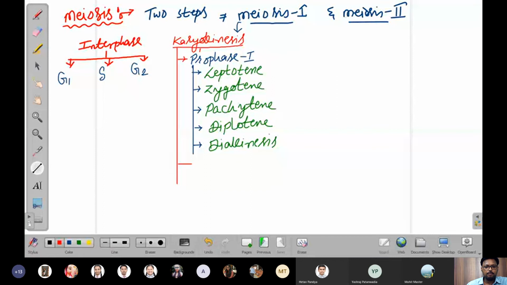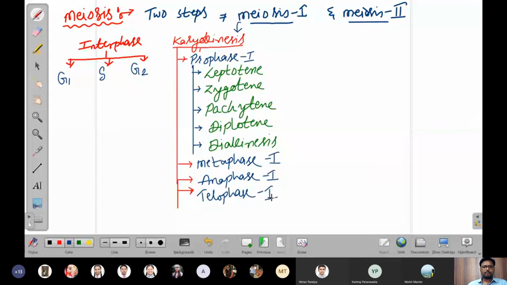Metaphase, then anaphase, and telophase, all denoted 1.